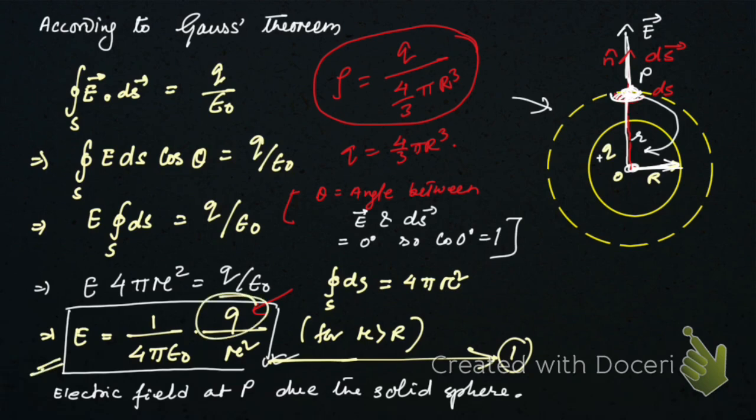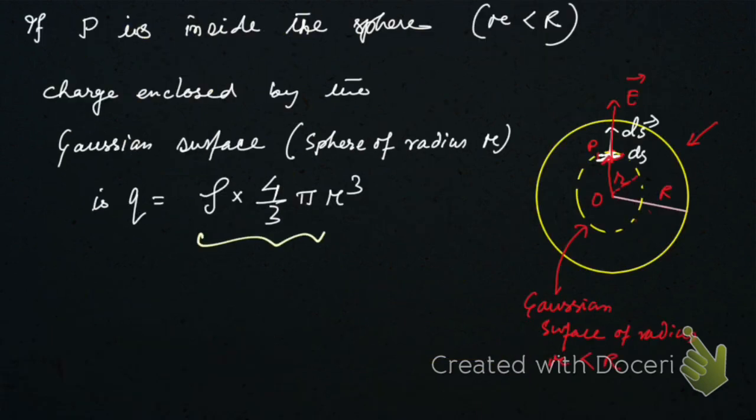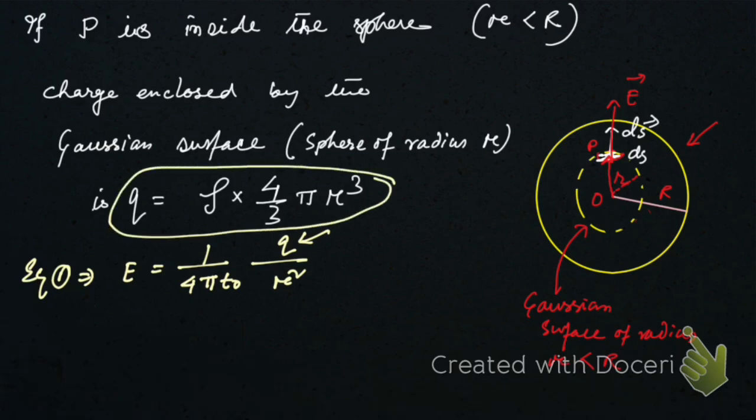Let me write the equation number 1 that we had got in the first case: E is equal to 1 by 4 pi epsilon naught Q by r square. That is what we had got. Now replace this Q by this value of Q.